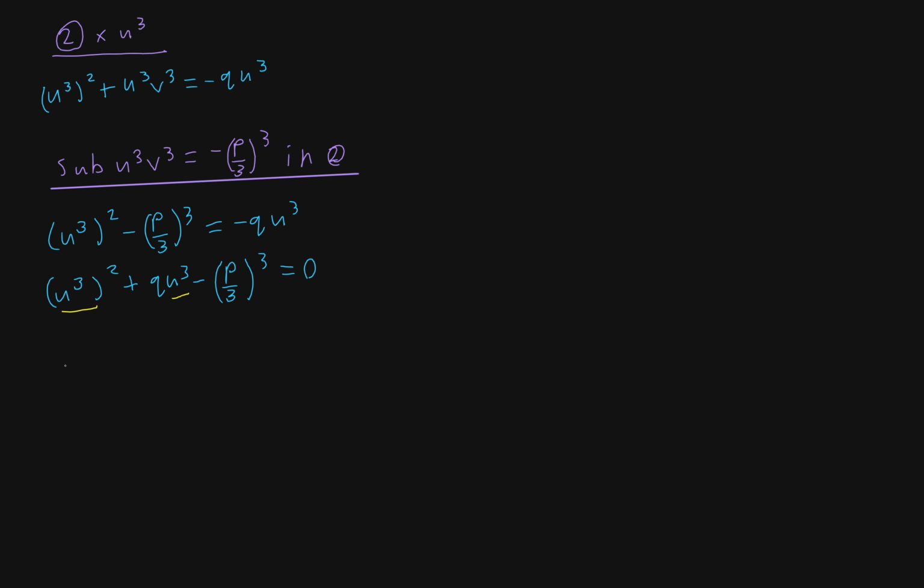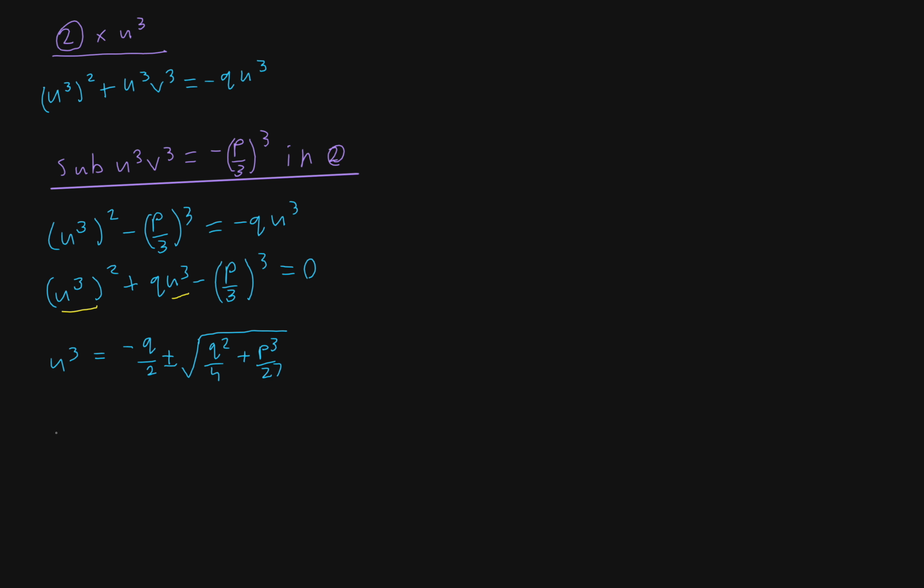So what we're going to get, after simplifying, is u cubed is going to be equal to -q/2 plus or minus the square root of q squared over 4 plus p cubed over 27, right?